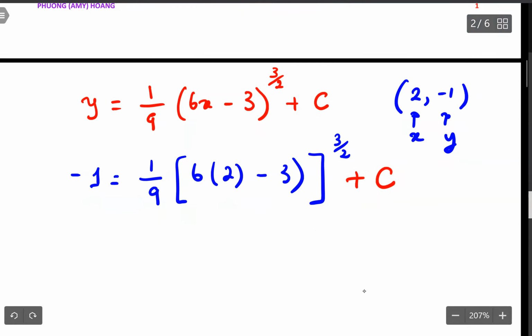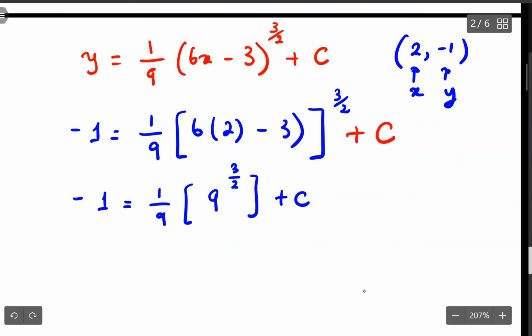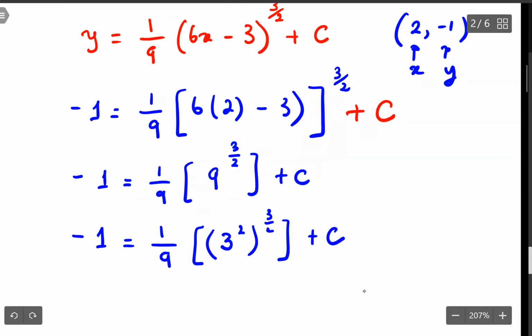Let me simplify all of this. So minus 1, and 1 over 9. In the bracket, 6 times 2 is 12, and 12 subtract 3 is 9. So you have 9 raised to exponent 3 over 2 plus c. So we have 1 over 9, and 9 is 3 squared.